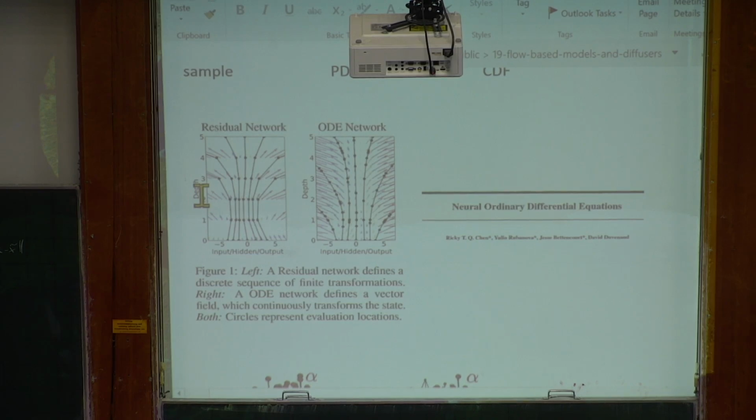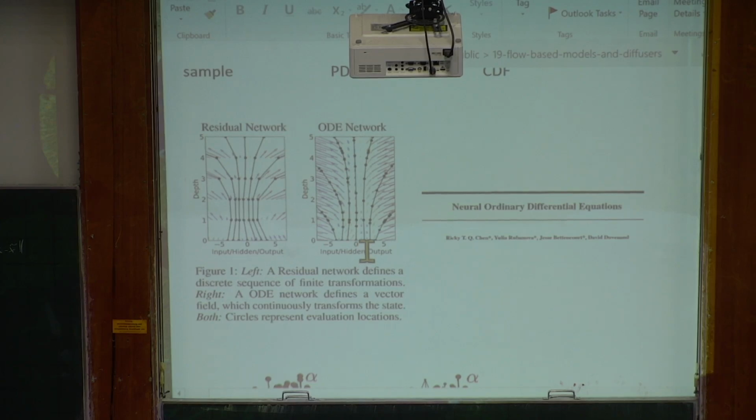I previously had this picture on the board where I said, well, we can have more general flows. And in neural ODE approaches, what you do is that you model with a neural network this underlying flow field. So this flow field, you now make time continuous, and you say that my neural network models the entire flow field.